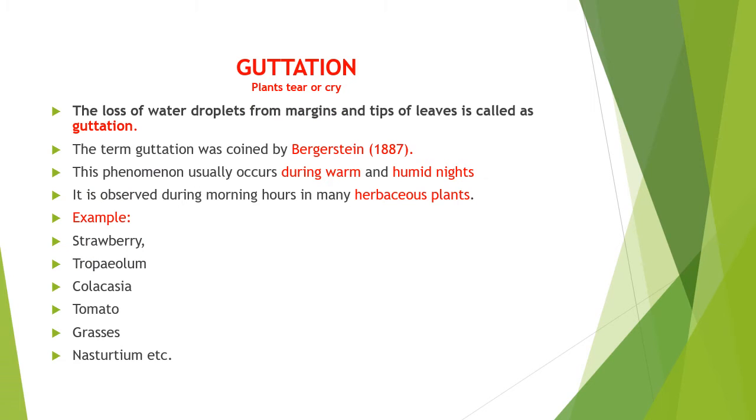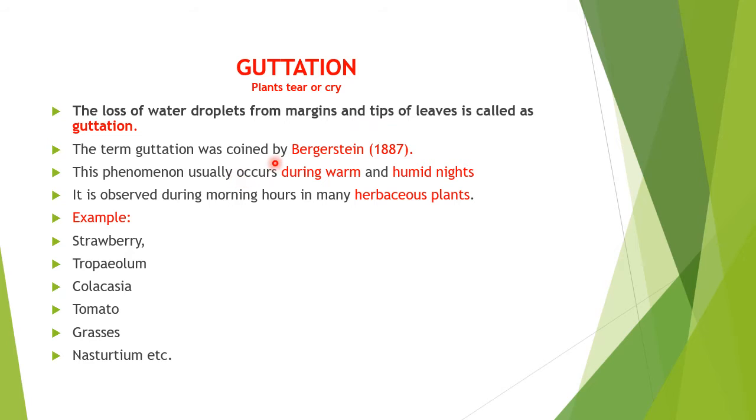By definition, guttation means a loss of water droplets from margins and tips of leaves in plants. So often we say plants tear or cry. That means there is a loss of water droplets, and that too through the margins or the tips of the leaves.